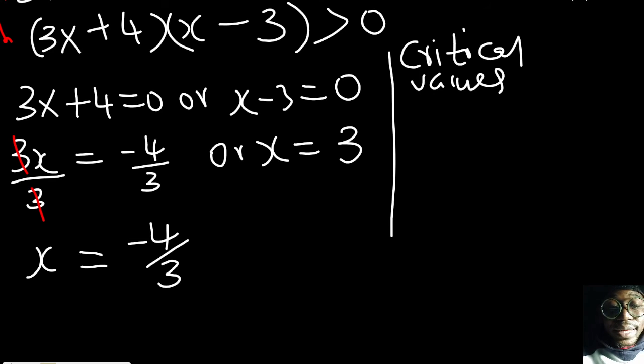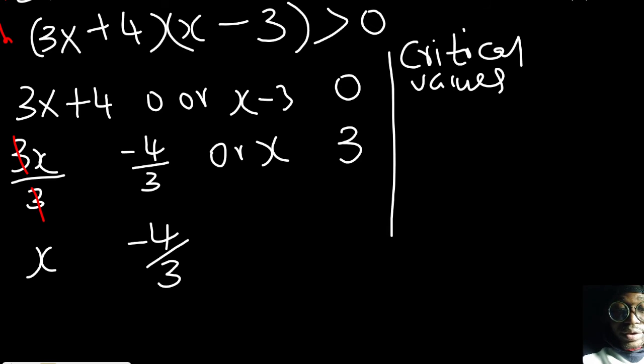When we compare the two numbers 3 and negative 4/3, we can see there is a difference there. So from now on we're going to remove the equal sign, because we can compare these two numbers, so it's clear to us how we are going to put the signs that we need.